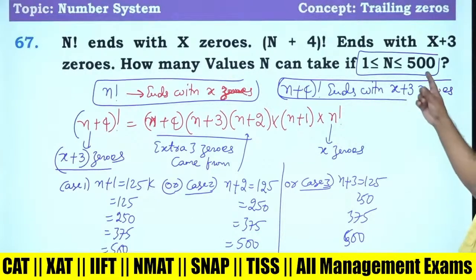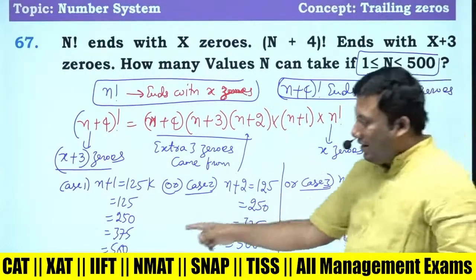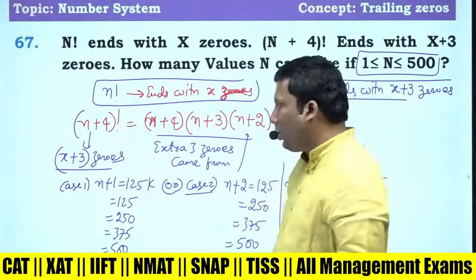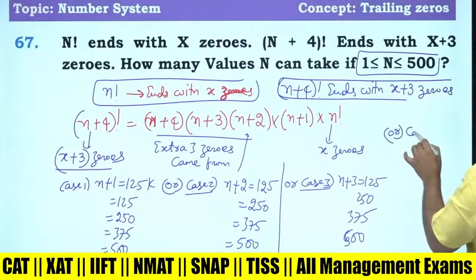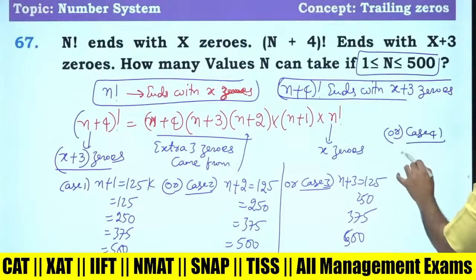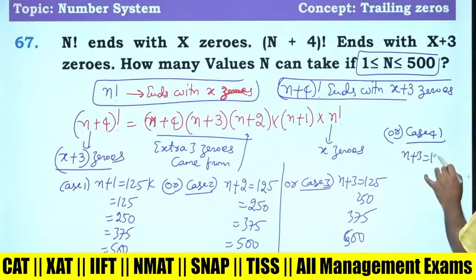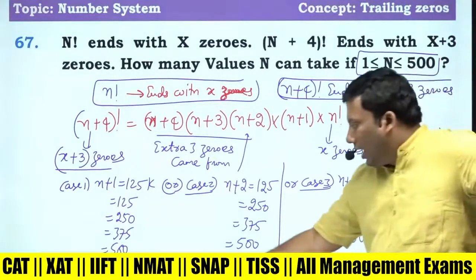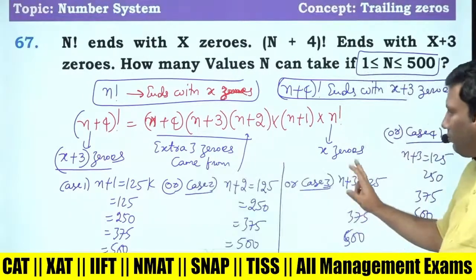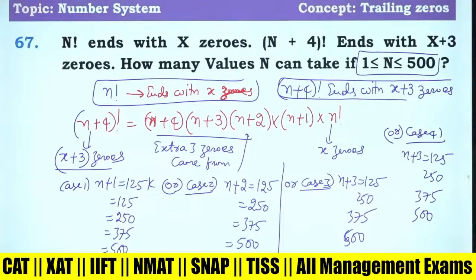If it were n less than or equivalent to 800, I would not have taken. K should not be a multiple of 4. What is case number 4? N plus 4 can take 125, 250, 375 and 500. I hope the idea is clear.